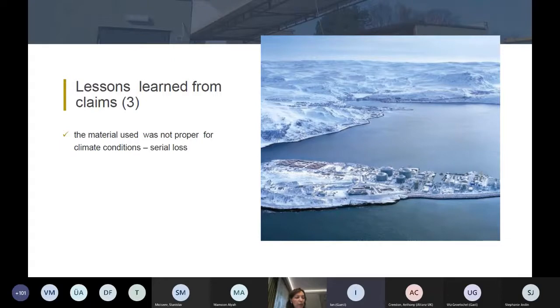The problem was that in the winter period, cracking of the fireproofing coating and cryogenic spill protection was observed. Investigation showed that cracking occurred due to inherent properties of the material used for coating under the extreme weather conditions. So the reason was that the coating was not properly tested in Arctic climate conditions. So the contractor had to change this coating, and again we can see that this small problem led to rather huge loss.